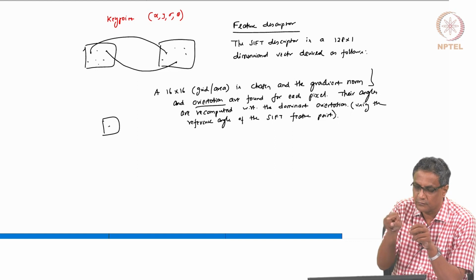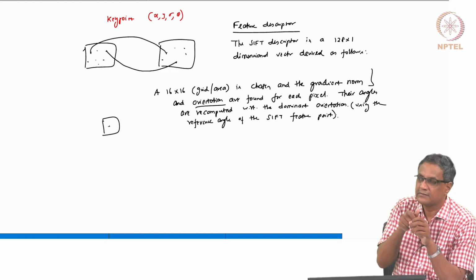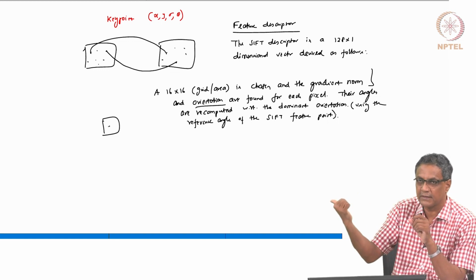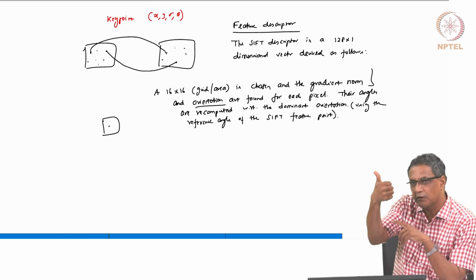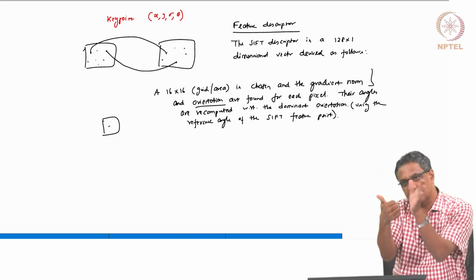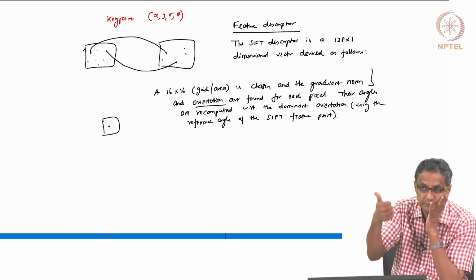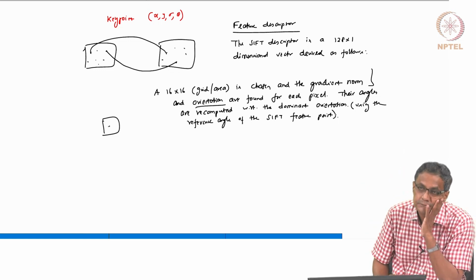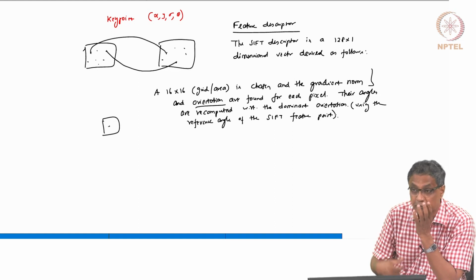Typically when you compute an angle, it is with respect to the x-axis. Instead, with a dominant orientation, we compute where the other points' angles are with respect to that.